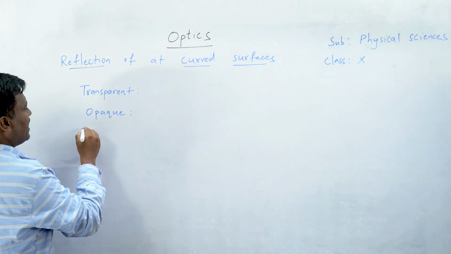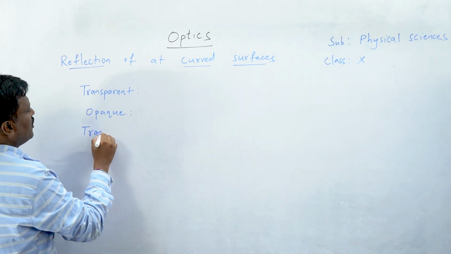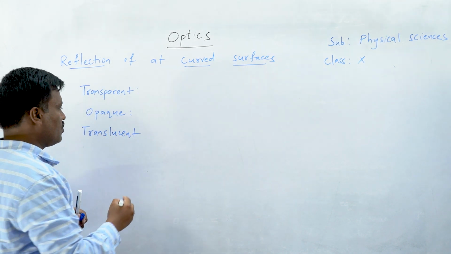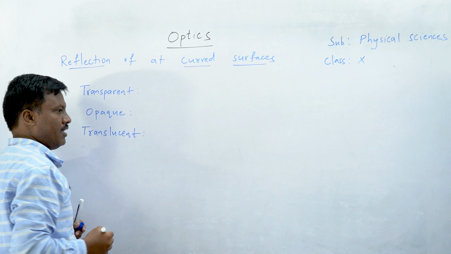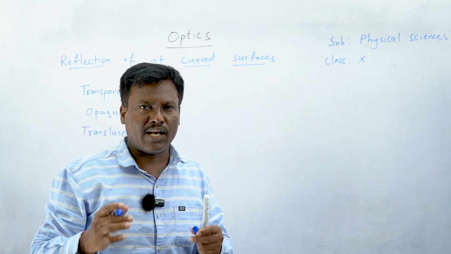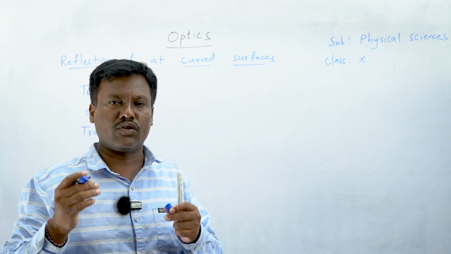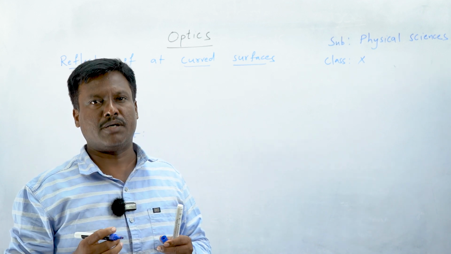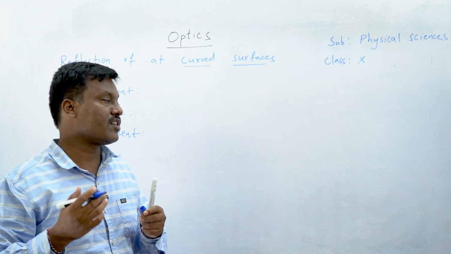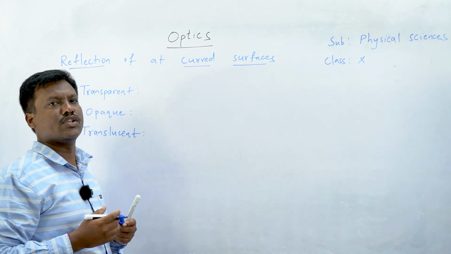And the third category is translucent. Translucent bodies do not completely allow the light. They allow the light partially. Some amount of light they allow and some amount of light they don't allow. Such kinds of materials are called translucent.